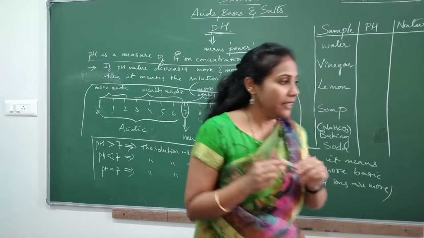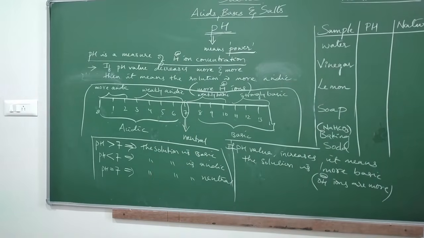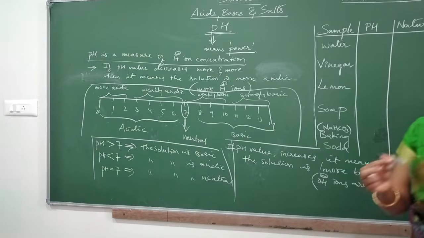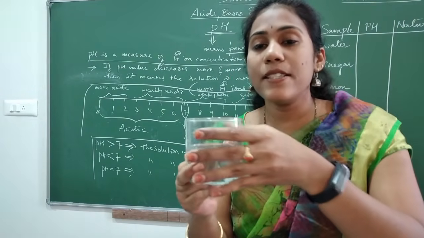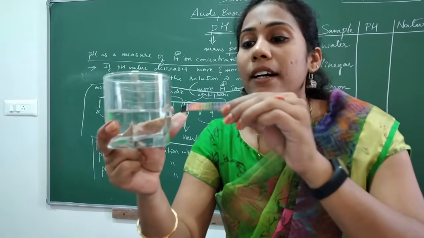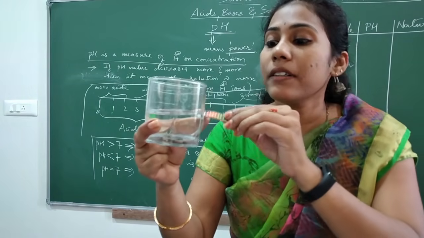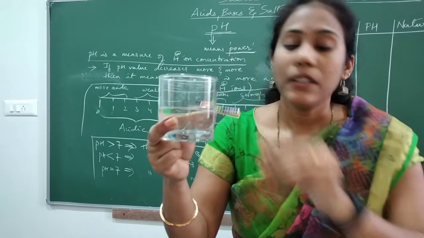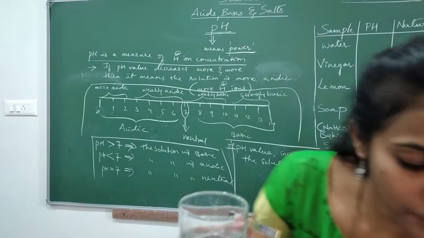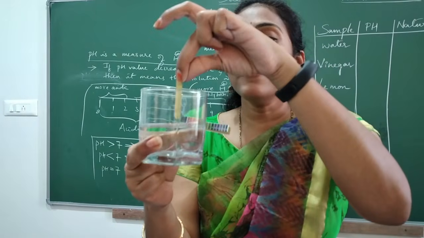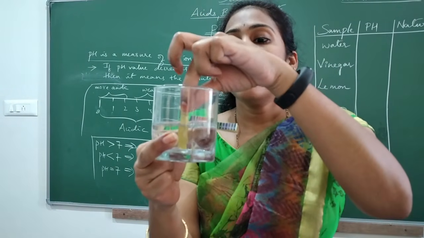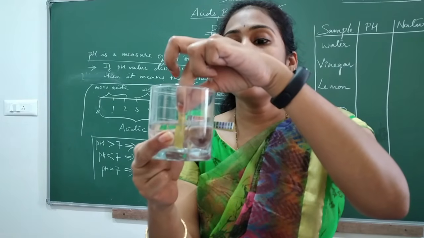Okay, fine. The first solution I am taking is water. Okay, let me dip the pH paper. See, I am dipping the pH paper in plain water. Okay, I dipped it in plain water.